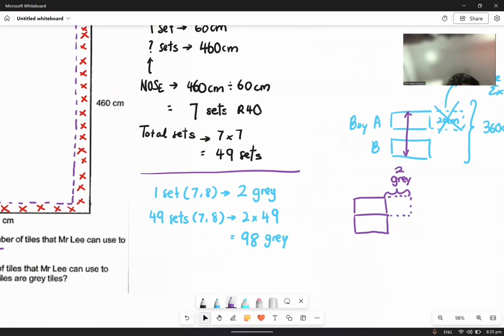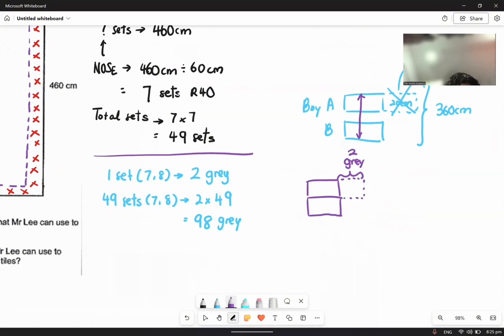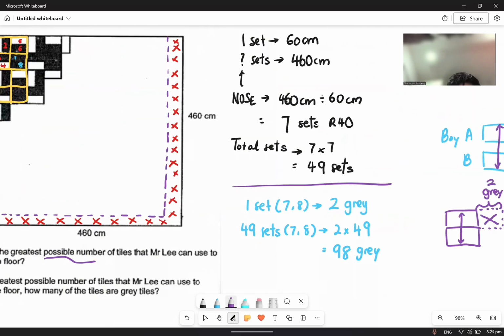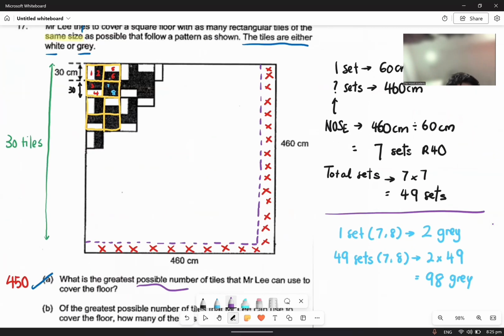The moment I remove this part, I can find this. And I don't know if you realize, I come back to here, you realize it's all in pairs. 1 and 2, 3 and 4, 5 and 6. So that means there are 6 tiles in total, right? That means I must have 3 gray and 3 white.